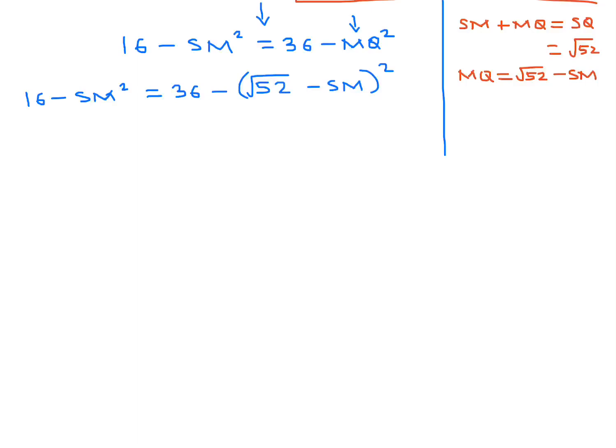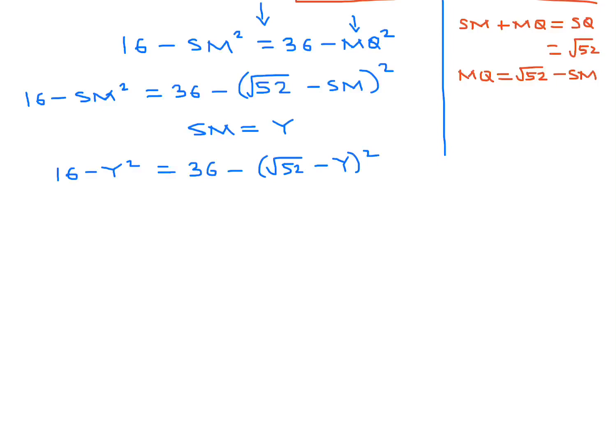And then instead of having to write out SM every time, I'm just going to let it equal whatever variable you want, y. It just makes it simpler. So now I've got 16 minus y squared is equal to 36 minus (root 52 minus y), all squared. All right?